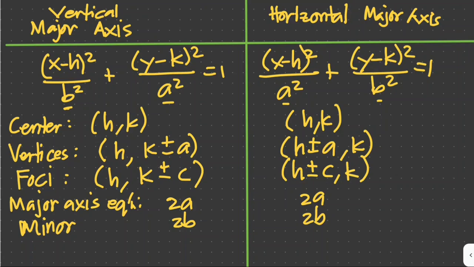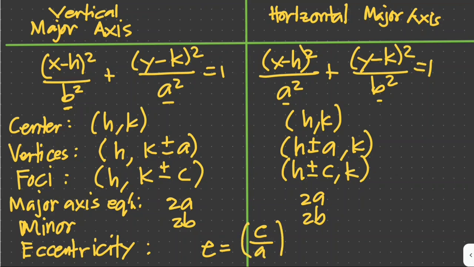And then the eccentricity of an ellipse, you can use this formula, e equals c over a. So to find c, you can use this equation, a squared equals b squared plus c squared, or just c squared equals a squared minus b squared.